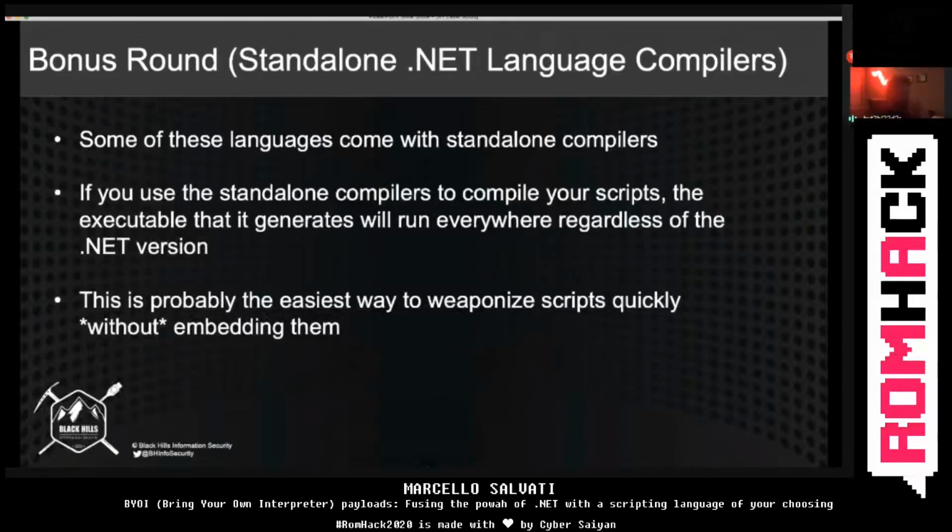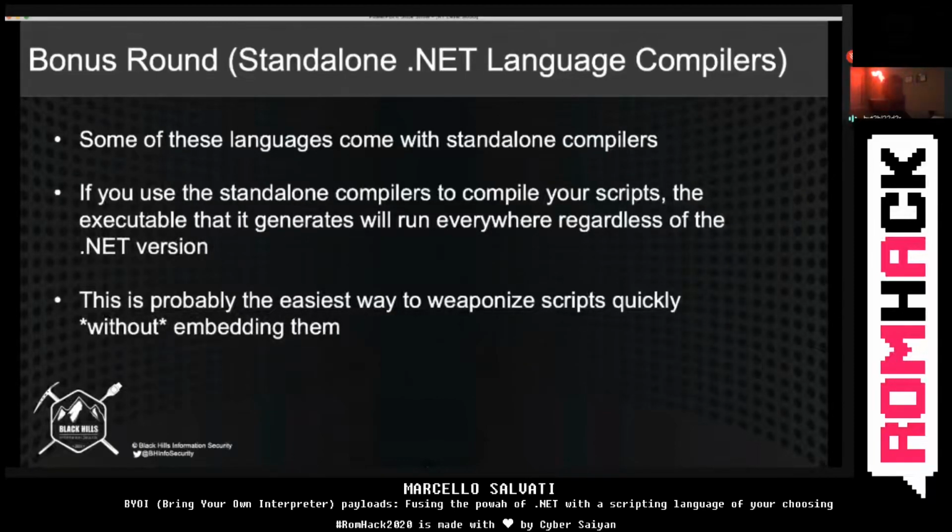So, bonus round. As I said before, .NET is a set of tools that allows you to build your own language. Some of these tools also allow you to build your own compiler for that language really easily. Incredible, right? Boolang, for example, is a perfect example of this, because it comes with its own compiler.